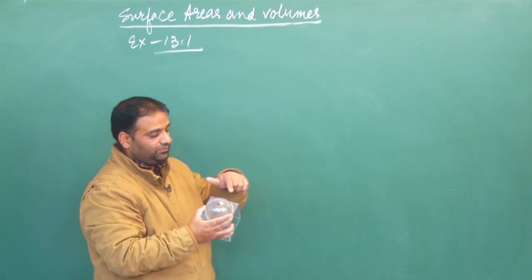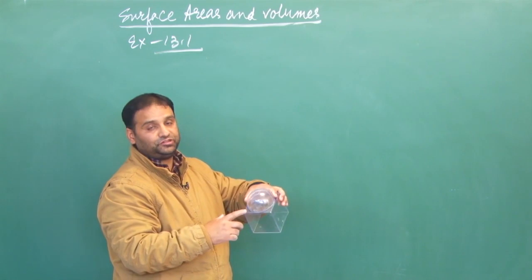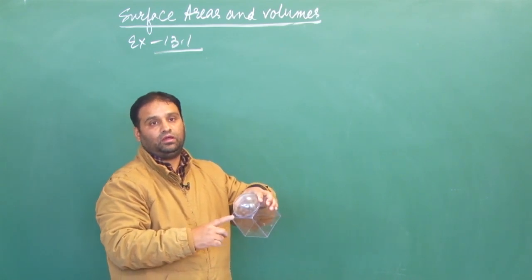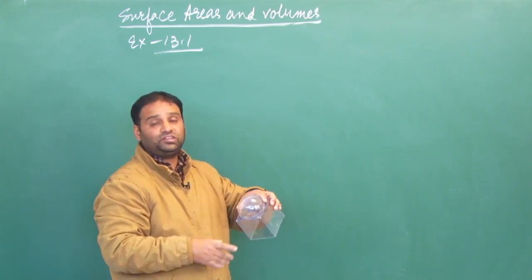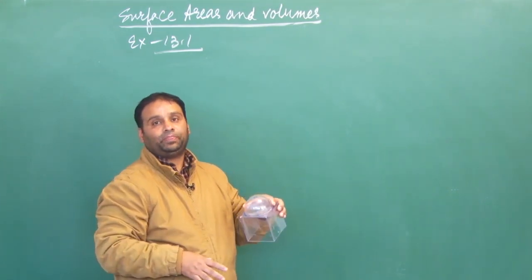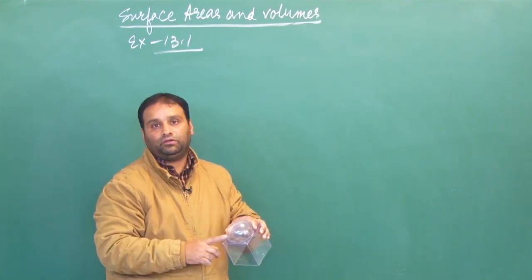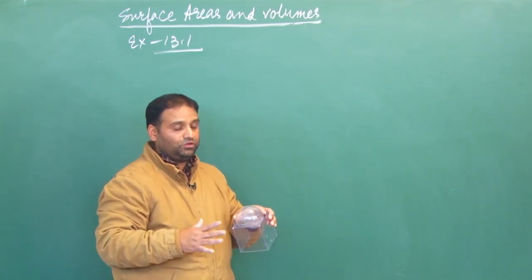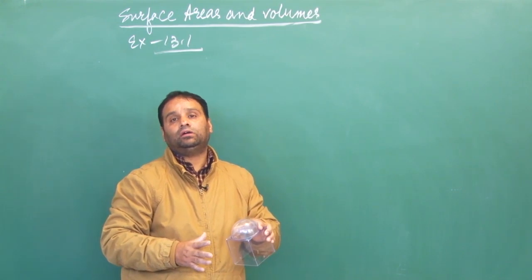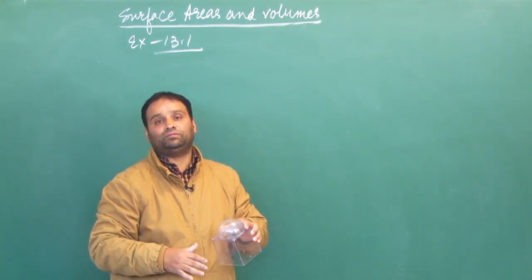You can see the corner parts of the cube are still exposed, and the rest of the top face gets covered by the hemisphere. Now, what is the area that is lying inside the base of the hemisphere?